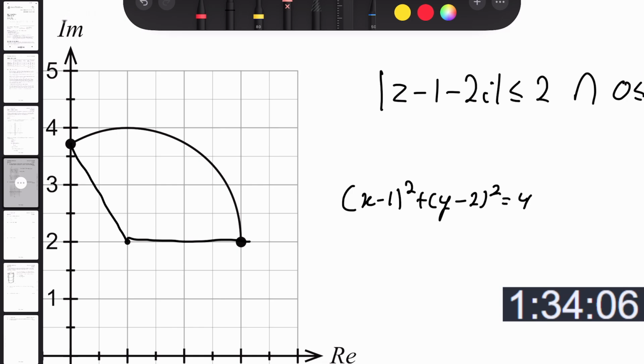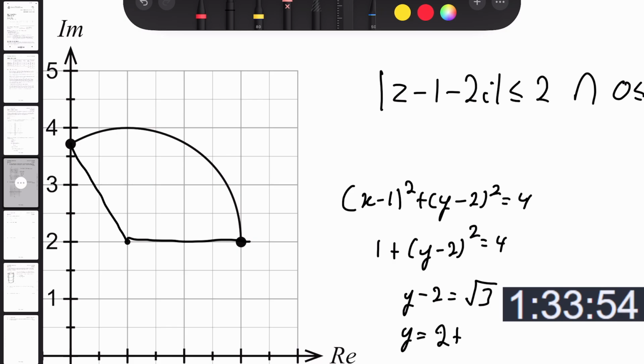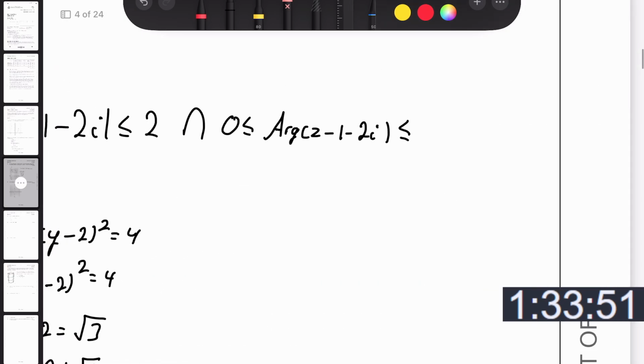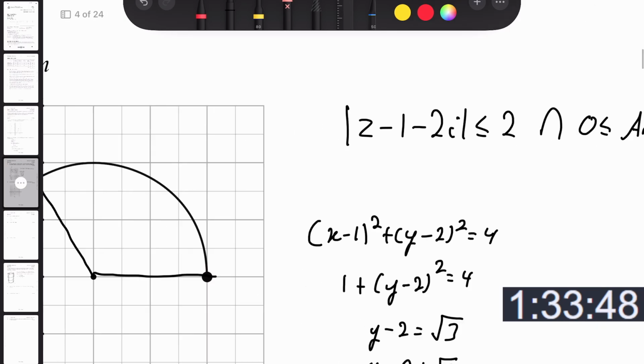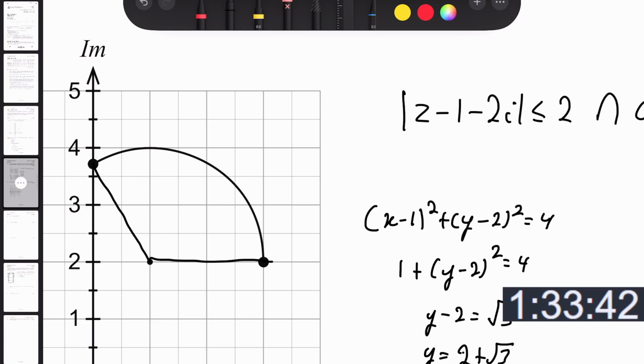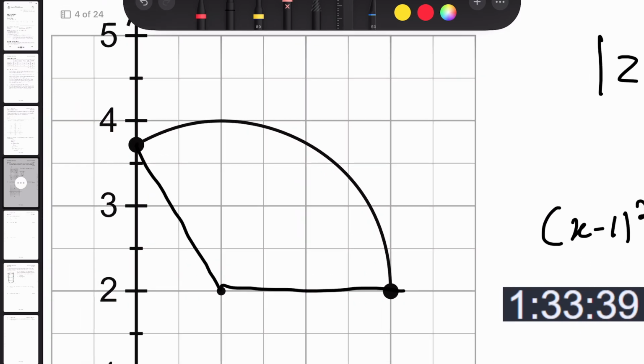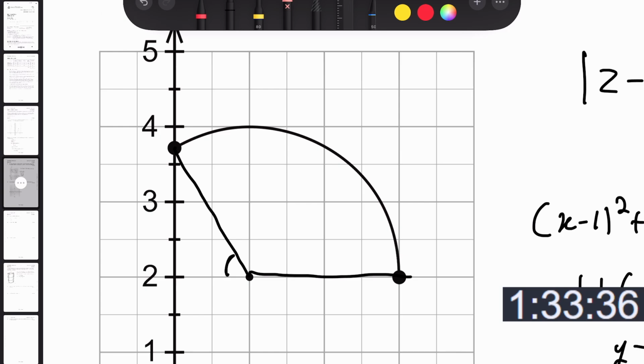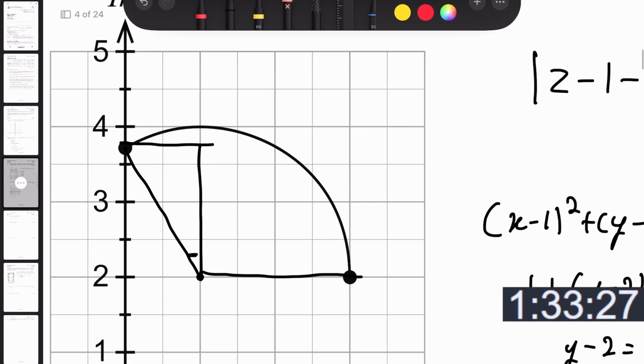And when x is 0, it's just going to be 1 plus y minus 2 squared equals 4. So 1 minus 2 is the square root of 3. 2 plus square root of 3, so this must be equal to inverse tangent of, so that length there is just 1, and then this one is 2, and that's square root of 3.